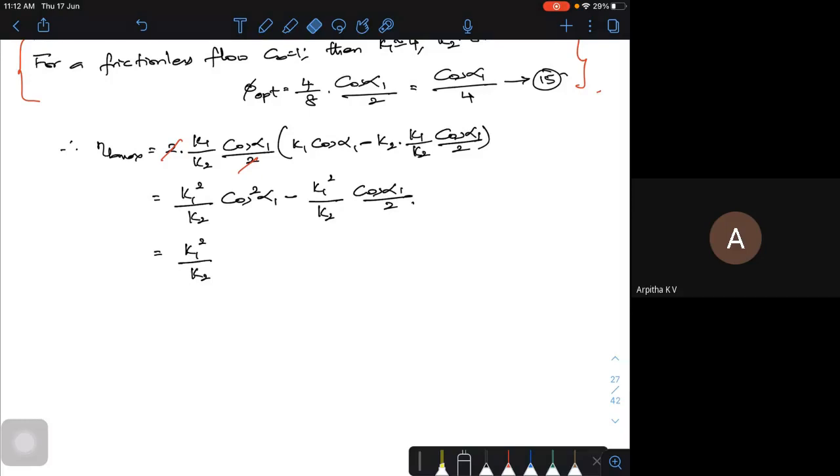I'm left with only cos square alpha 1 by 2. So this is your generalized expression: K1 square by K2 into cos square alpha 1 by 2.